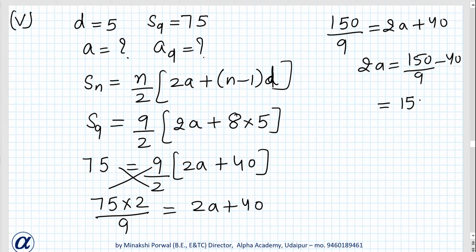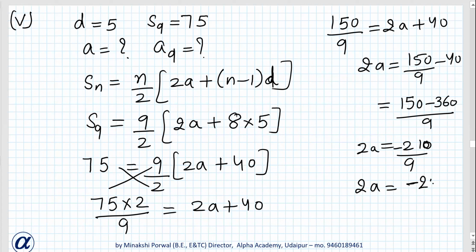So that is equal to 150 minus 360 upon 9, that is minus 210 upon 9 equals 2A. When we cut it by 3, this is 3 and this is 70.